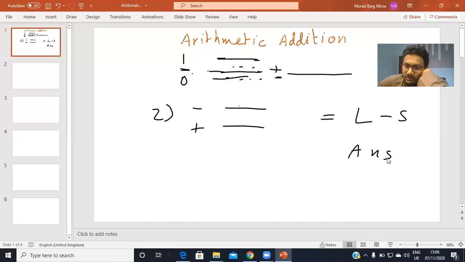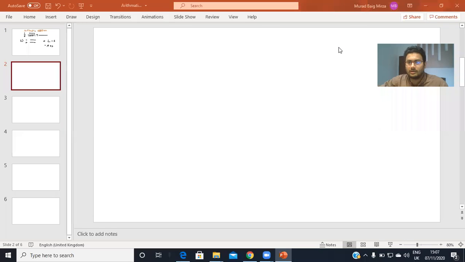The sign of this answer depends on the number with the larger magnitude: the sign of the number which has the largest magnitude among these numbers is the sign of the answer. Now I will elaborate it with the help of a little example.